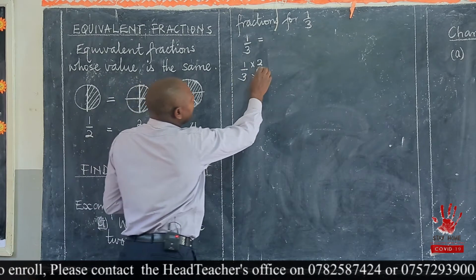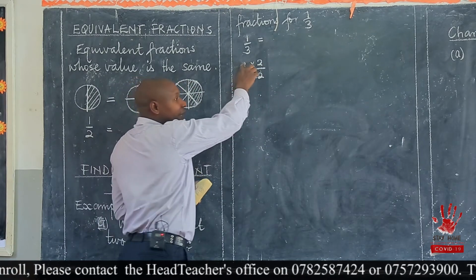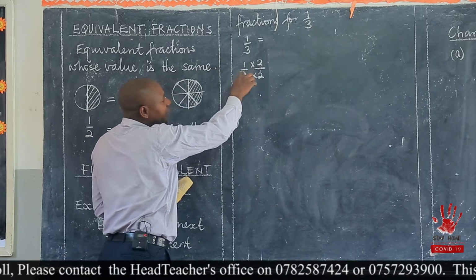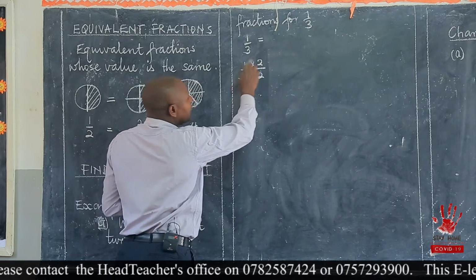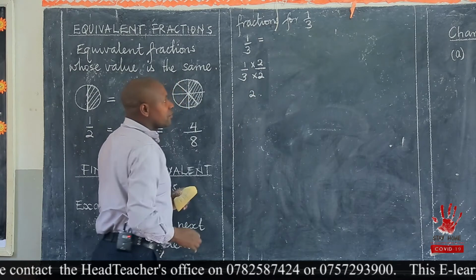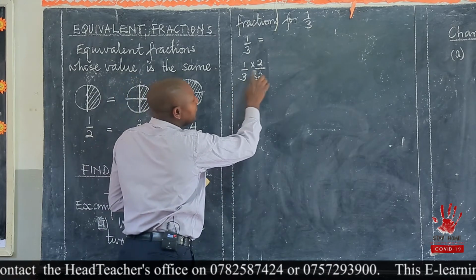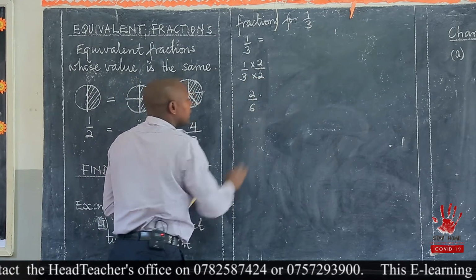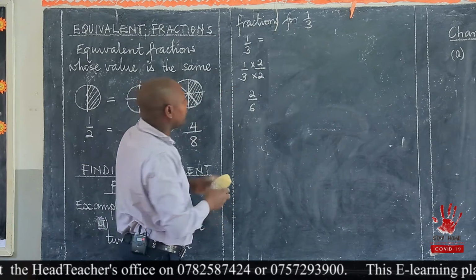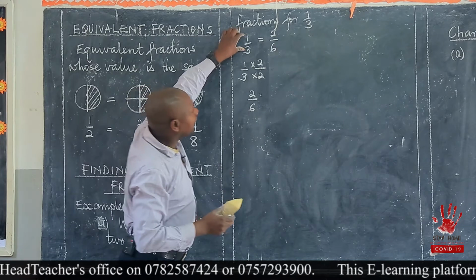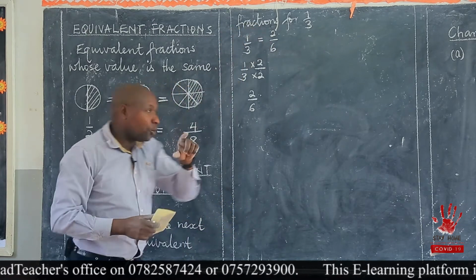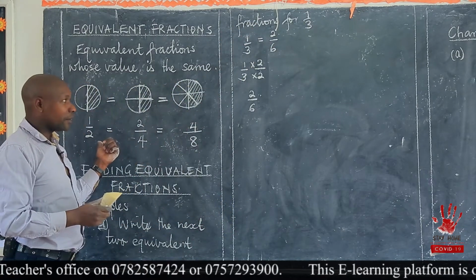So here we shall have numerator times a numerator and denominator times a denominator. Therefore, we shall have 1 times 2, this one gives us 2. What about 3 times 2 gives us 6. This fraction, 2 sixths, if I put it here, a third and 2 sixths are equal.